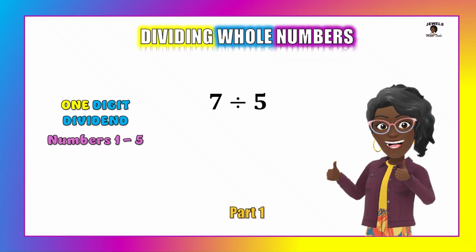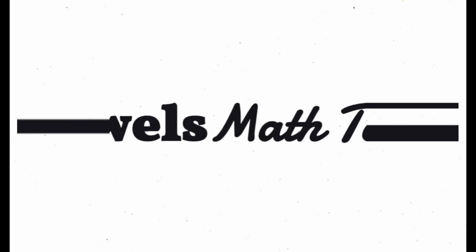With doing that, that kind of helps the students with being able to see how their division process changes as their numbers increase or as they decrease. So as we go through our series on dividing whole numbers, I will also be giving you some tips that would help you along the way with working out your questions. So if you're ready to learn how to divide when you have a one-digit dividend, let's get started.